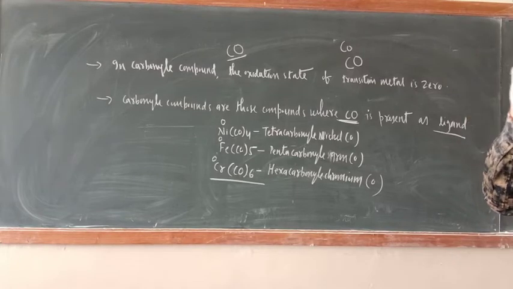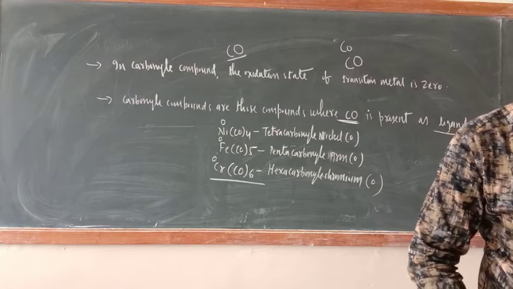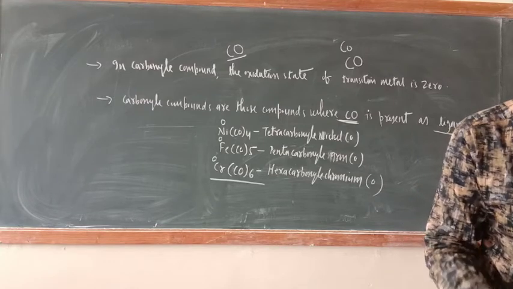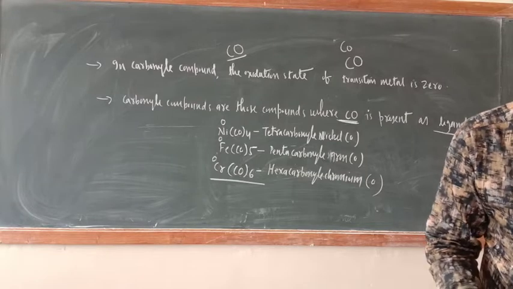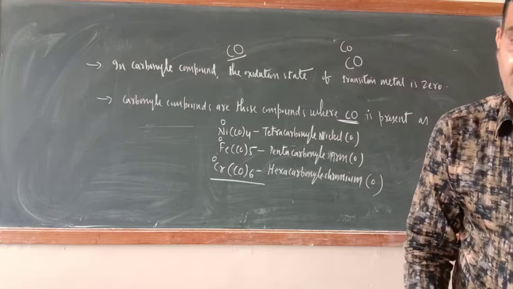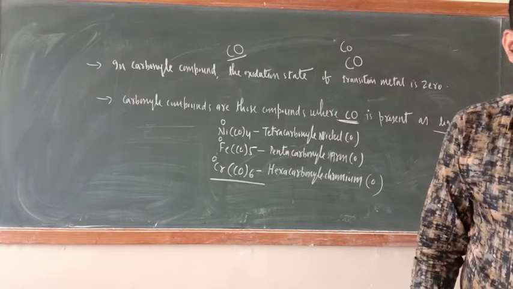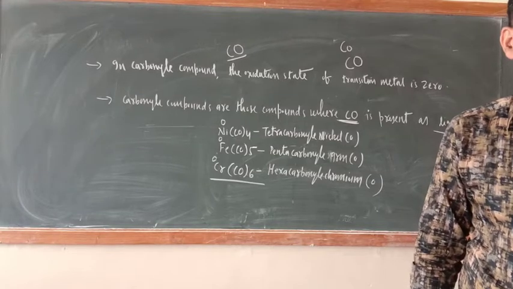Just remember, the stability of an oxidation state can be explained on the basis of two things. One is on the basis of the sum of electrode potential and sum of ionization enthalpy, and another is that in aqueous solution it can be explained on the basis of electrode potential.